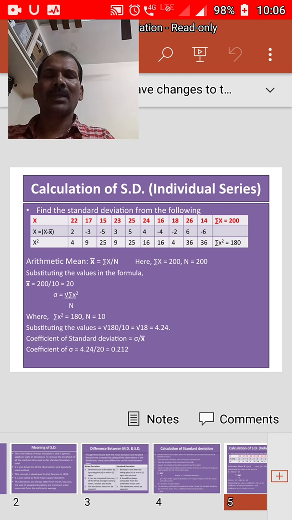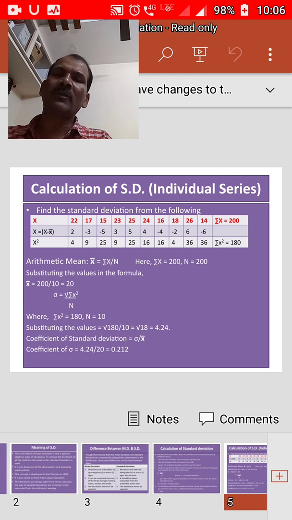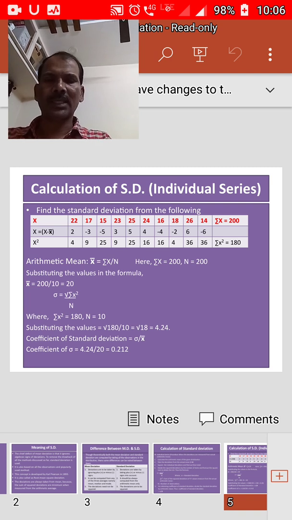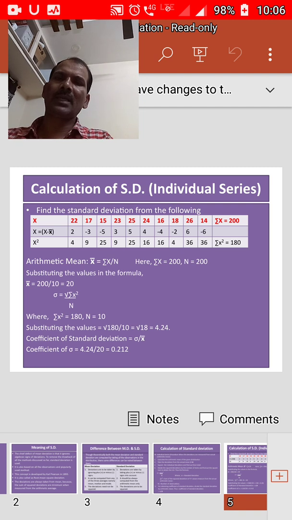In order to remove these algebraic signs, we need to square these deviations. 2 square is 4, minus 3 whole square is 9, minus 5 whole square is 25, 3 whole square is 9, 5 whole square is 25, 4 whole square is 16, minus 4 whole square is 16, minus 2 whole square is 4, 6 whole square is 36, minus 6 whole square is 36. The sum of the x squares, sigma x square, is equal to 180.